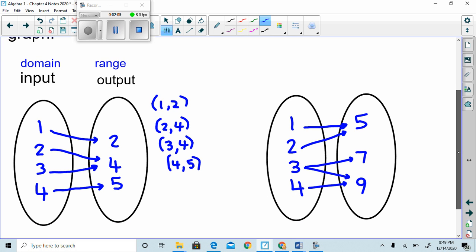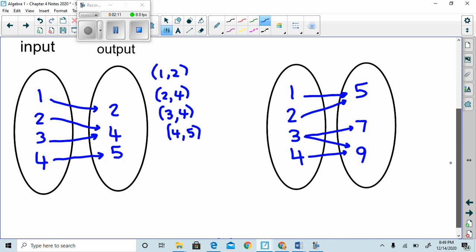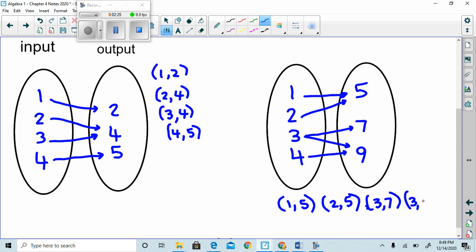On my second example, I have 1 paired with 5, I have 2 paired with 5, I have 3 paired with 7, I have 3 paired with 9, and I have 4 paired with 9. It's this representation right here of 3. It has two different output values, and that does not represent a function.